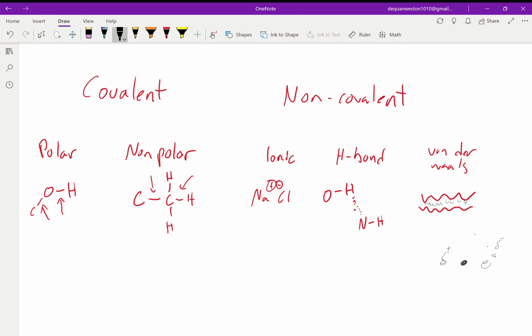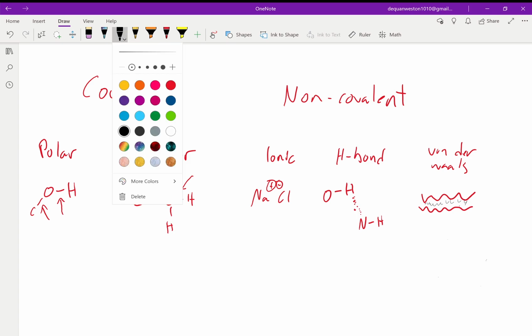It's going to be extremely small, but just by random chance, these can line up and they can interact with each other. So these tiny partial negatives and positives could line up when you have hundreds of molecules all bumping against each other.